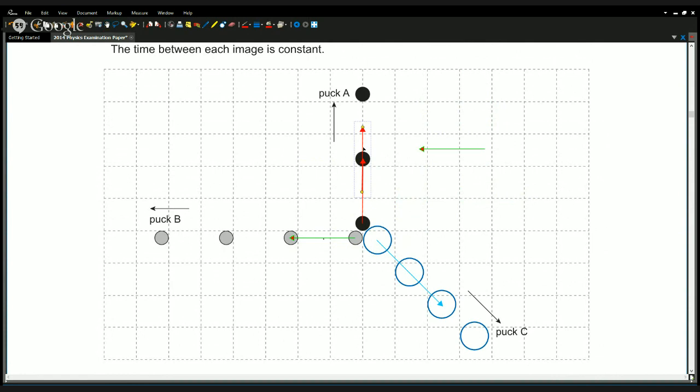So let's do a vector sum. Okay, and with momentum C. Now, can I just reverse the order?